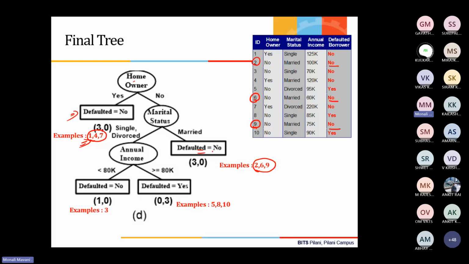So for default, you can now take the majority class, which is no. In our algorithm, we started with a default of no. Then at the end, your default will be the majority class.